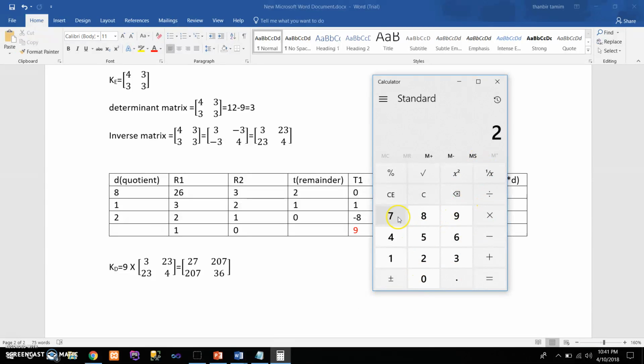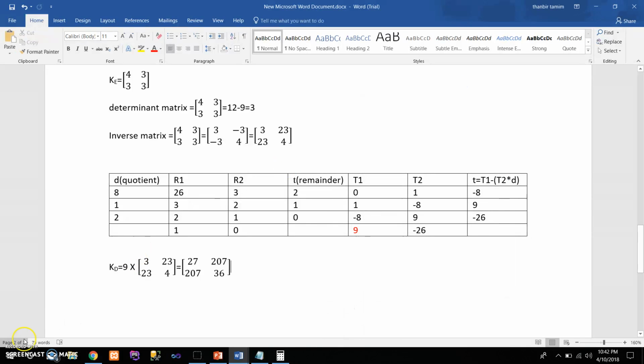So here 27 I have to write divided by 26. This is the modding process, and minus 1 into 26. So our mod will be 1. By using the same process we will write this one, and this is the value of the decryption key.